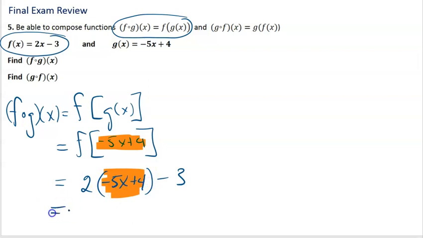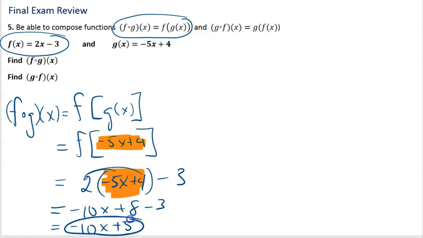And then you just simplify this expression. In this particular case, we distribute the 2 inside. So -10x plus 8. 2 times -5x is -10x. 2 times 4 is 8. Minus 3. And that gives me -10x plus 5 when I add like terms. That is f composite g of x.